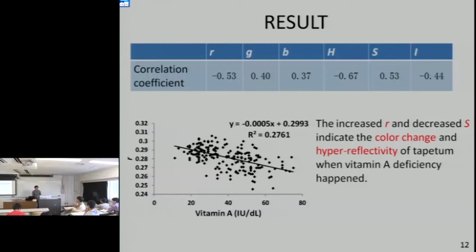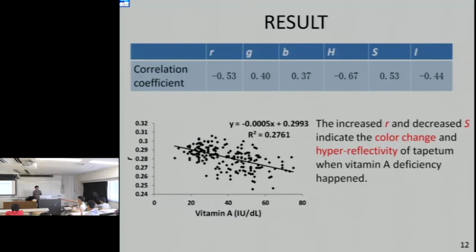Yes, it's a defect of this experiment. Now we don't have a control group in this experiment, so we cannot determine whether this is really caused by vitamin A or by age. So we should include a control group, that means a no-vitamin-A control group to compare. So maybe we can know if age has an effect or not.